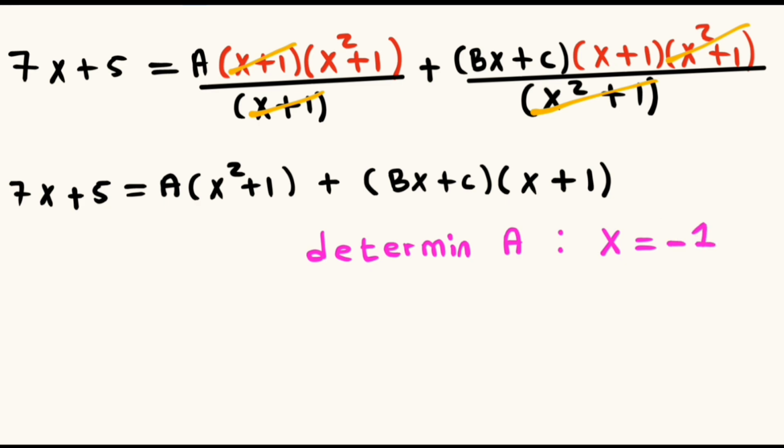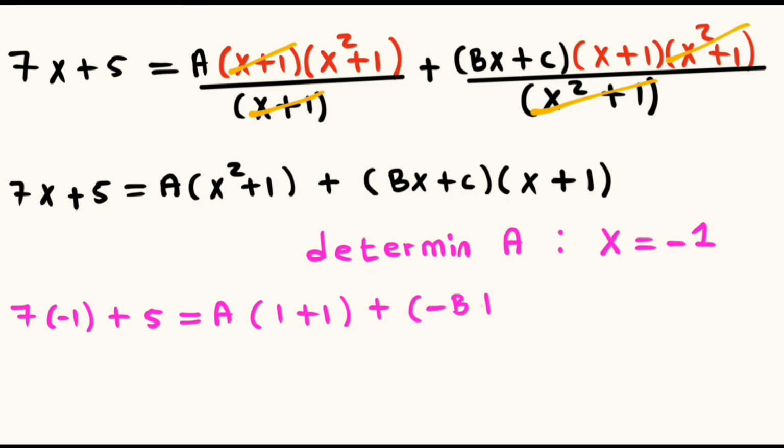So where there is x, we substitute -1, and we'll have 7 into -1 plus 5, which will be equals to a into -1 squared will be equals to 1 plus 1 plus b multiplied by -1 will be equals to -b plus c, -1 for x plus 1.